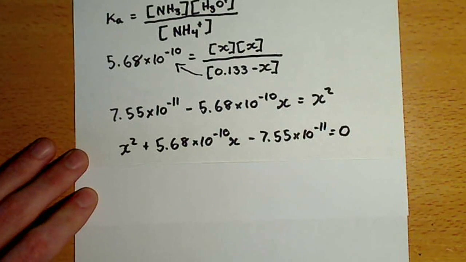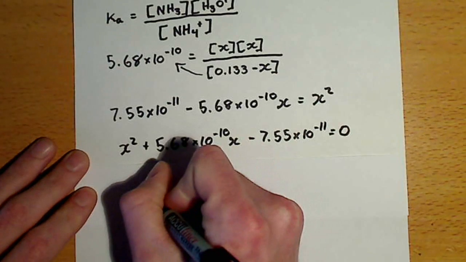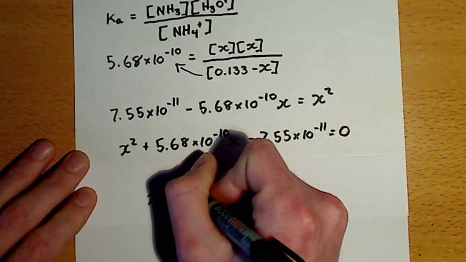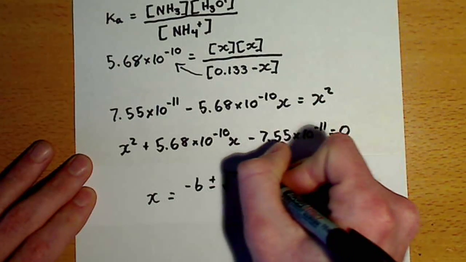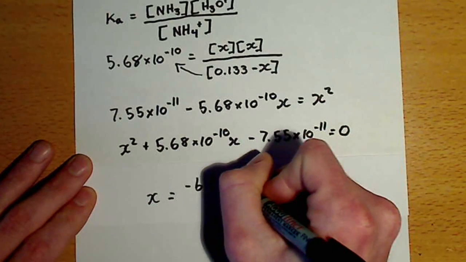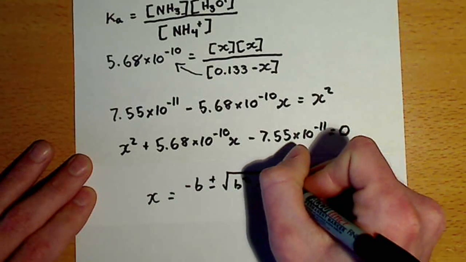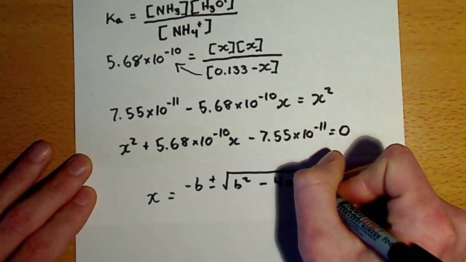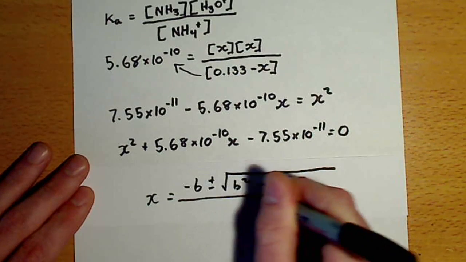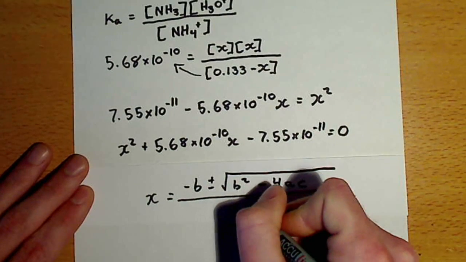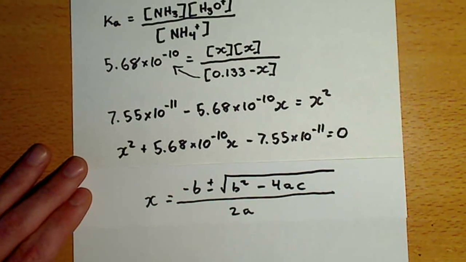In case you forgot the quadratic formula, x equals negative b plus or minus the square root of b squared minus 4 times the value of a times the value of c, and all of that is divided by 2 times the value of a.